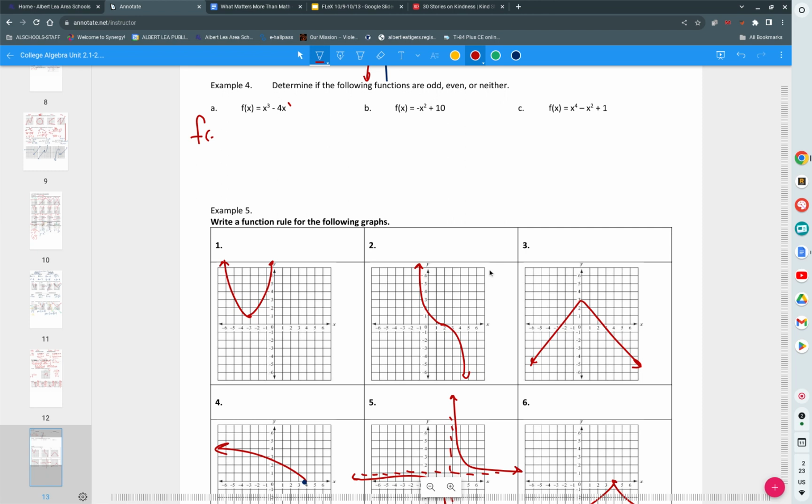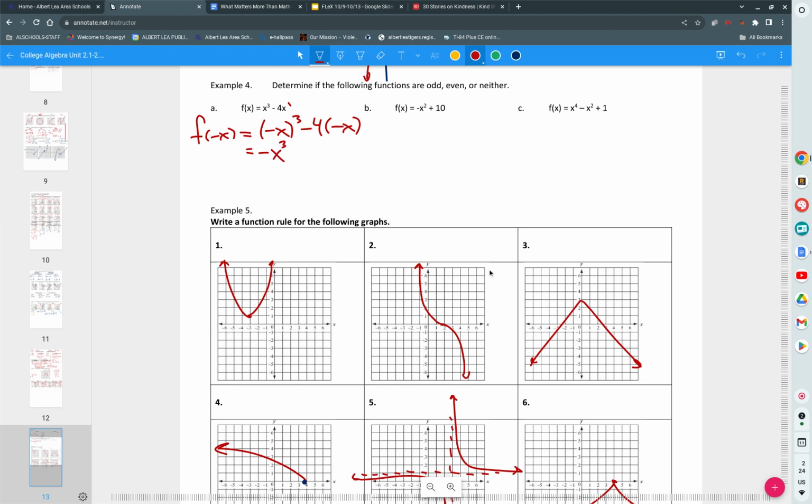So we're going to plug in a negative x. And when we plug in negative x, we get quantity negative x cubed minus 4 times negative x. Negative x cubed, will that produce a negative x cubed or a positive x cubed? This is a negative x cubed. And then I have minus negative 4x.